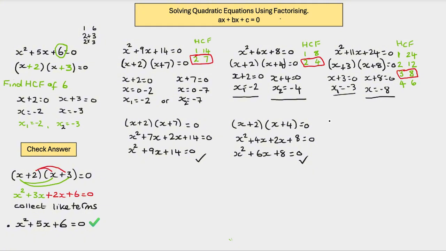Let's check our answer. x plus 3, x plus 8 equals 0. x times x is x squared. x times 8 is plus 8x. 3 times x is plus 3x. 3 times 8 is 24 equals 0. Collect our like terms. 8, 9, 10, 11x plus 24 equals 0. There we go. Check the answers.